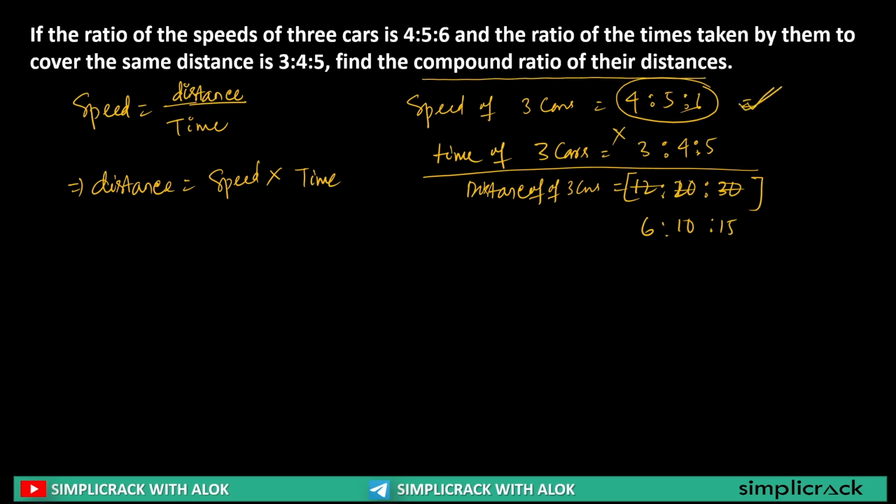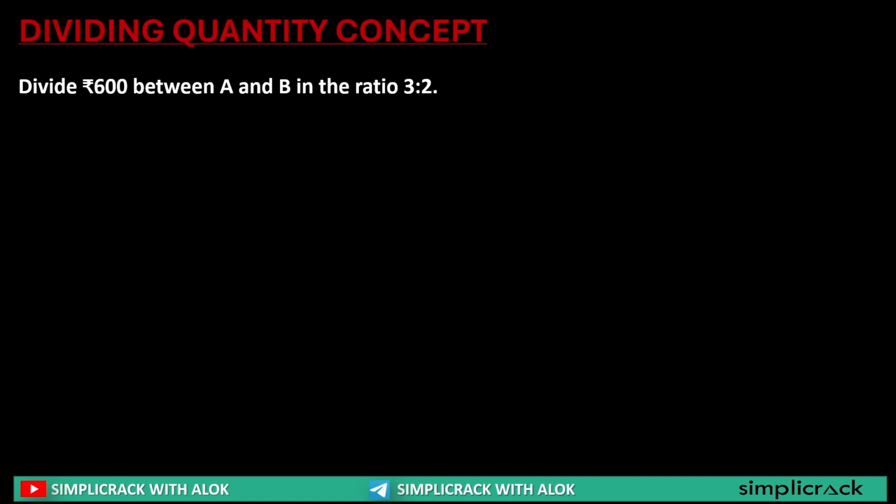Okay. Now the next question, dividing quantity concepts. See, if you have seen the lecture on mixture and alligation, you will be easily able to understand it. But if you're a beginner or a repeater having difficulty understanding the concept, then you must understand this. What is written?